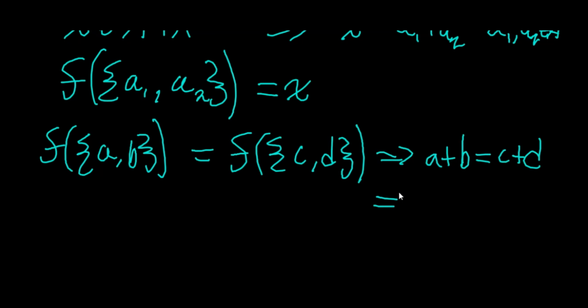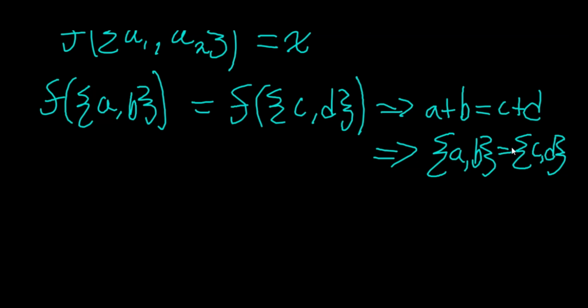But this implies, because A is a Sidon set, that the multiset {a, b} is equal to the multiset {c, d}. So F is injective, and this completes the proof that F is a bijection. And by a stars and bars argument, you can prove that the number of multi-subsets of A of size 2 is the size of A plus 1, choose 2.